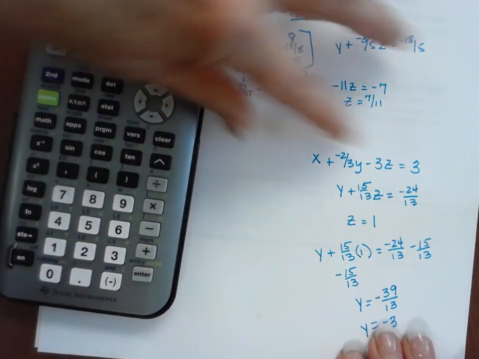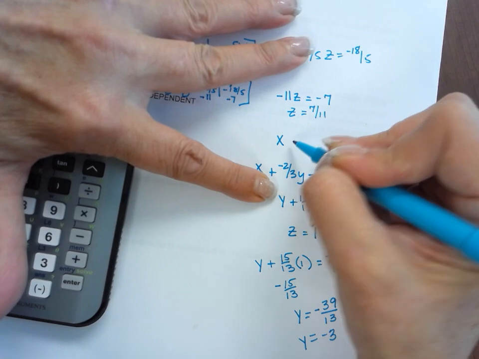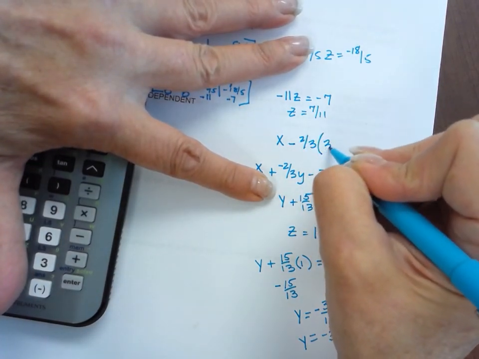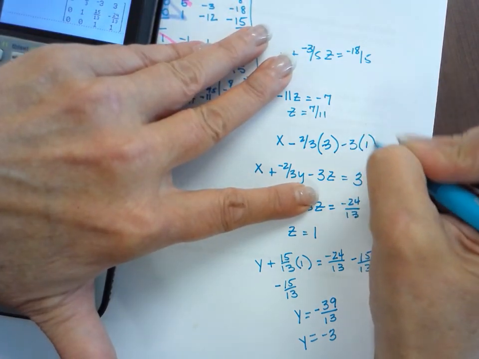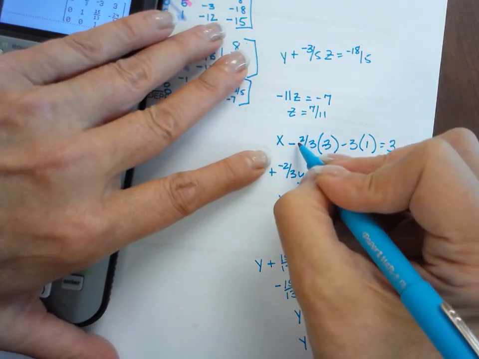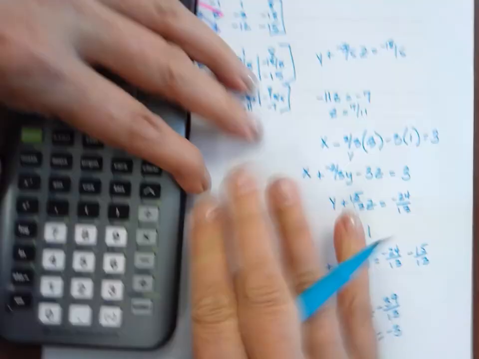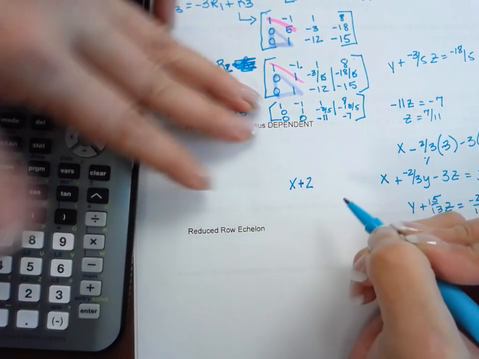All right, so now I know that x minus 2/3 times negative 3 minus 3 times 1 is equal to 3. So negative 2/3 times negative 3 is going to give me a positive 2.